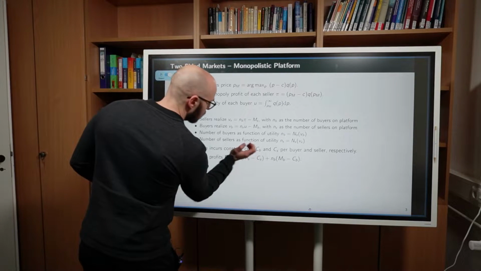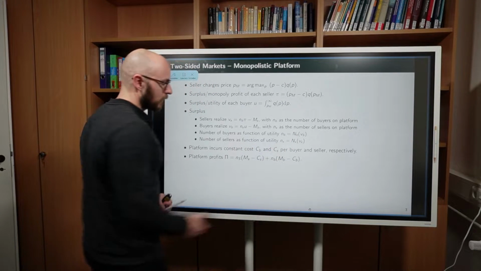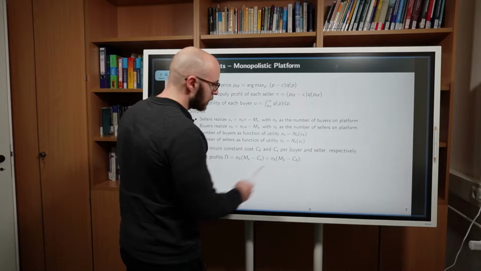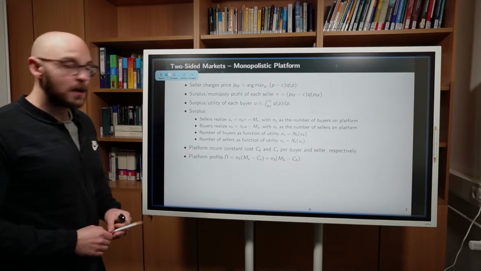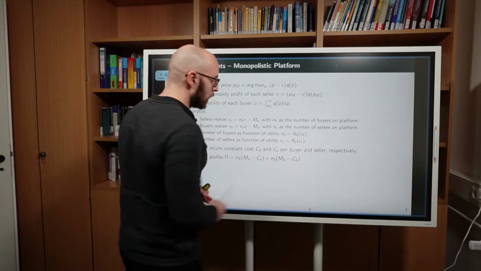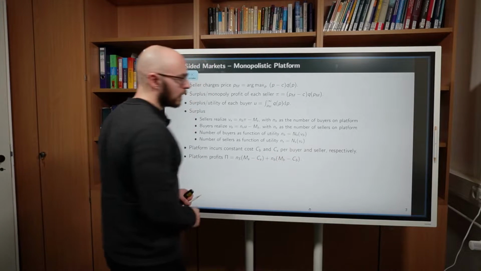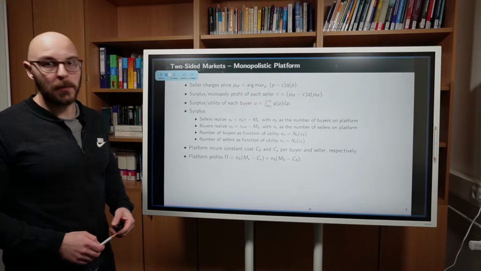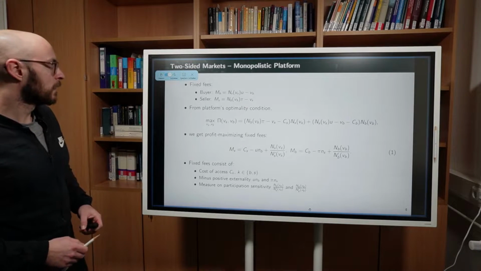And the same applies to the buyer. So, for instance, if there are 100 buyers on the platform, and each buyer pays a fixed fee of 10 but costs you 1 unit, you have 100 times 9 as the profit that is generated from the buyers, right?